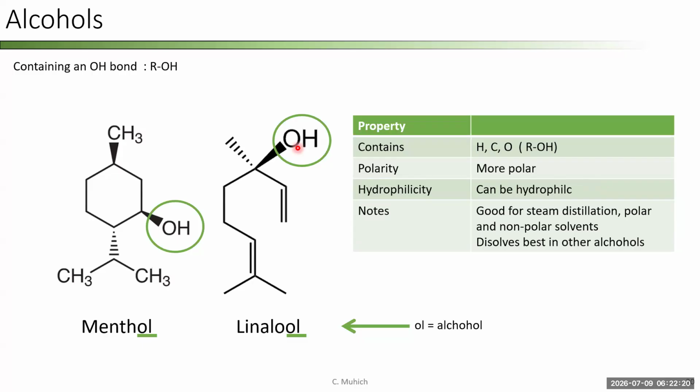In general, these are pretty good in steam distillation and extraction from polar and nonpolar solvents. And, as we'll get used to, like dissolves like, so it will dissolve best in other alcohols, which have combinations of polar OH groups, which are available to hydrogen bond, and nonpolar backbones.